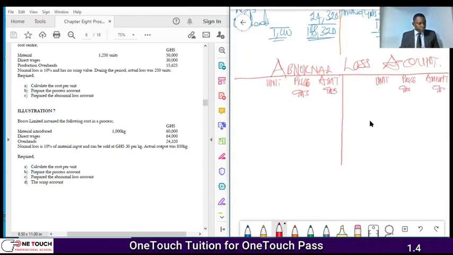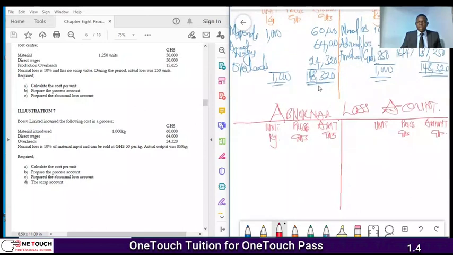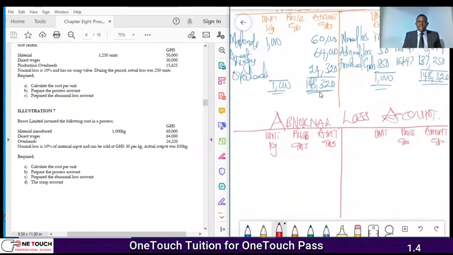Good. So if you look at our process account, for abnormal loss, the unit there is 50, valued at 161.47, okay, that gives us what?